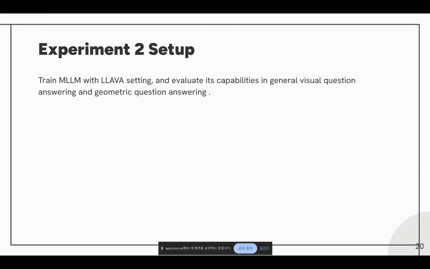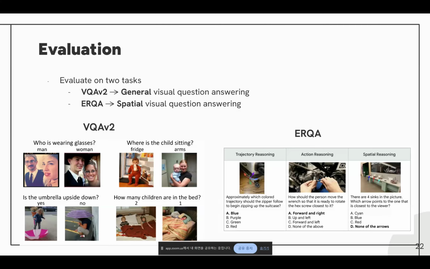We trained in the LLaVA setting and evaluated its capabilities on general visual question answering and geometric question answering. For general visual question answering, we used VQAv2, but we didn't get the results yet. However, we currently have results on the ERQA dataset, which consists of spatial visual question answering.